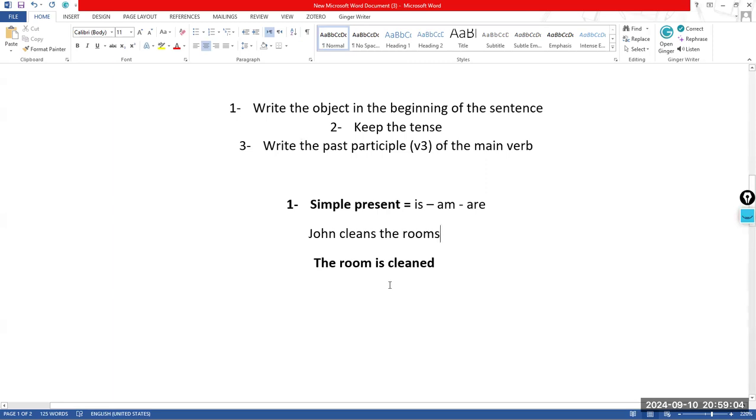Okay, wait. Now notice the object is what? Is a plural. Am I right? I added the S plural. So I have to say the rooms. Because the rooms is a plural, I cannot use is with the plural verb. I have to use what? Are. Exactly. So the rooms are cleaned. Be careful, please, about the singular and plural. Okay?